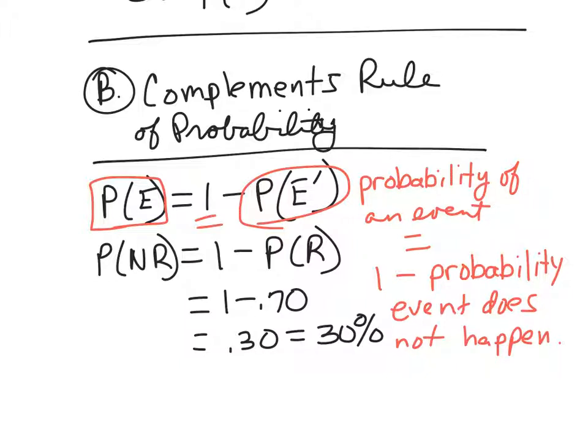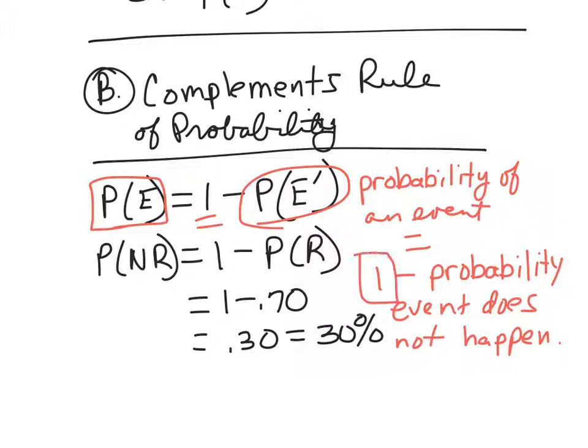Now this is very similar to what we talked about with the complement rule for counting, which said the number of ways an event can occur is equal to the total number of possibilities minus the number of ways the event does not occur. Well, if you think in terms of total and probability, I said probability is either 0, 1, or somewhere in between.